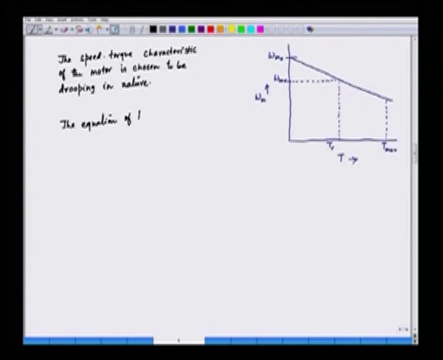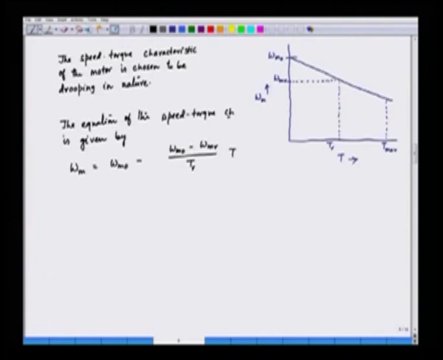The equation of the speed torque characteristic is given by omega m is equal to omega m naught minus (omega m naught minus omega m r) divided by T r into T. So, T is the torque.